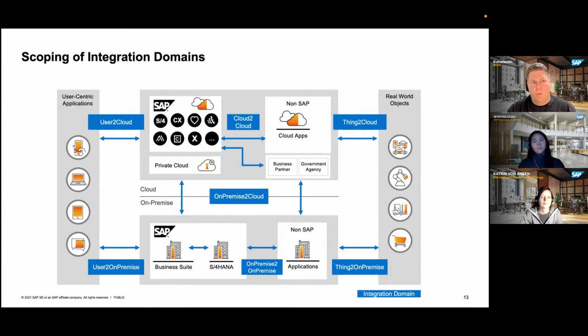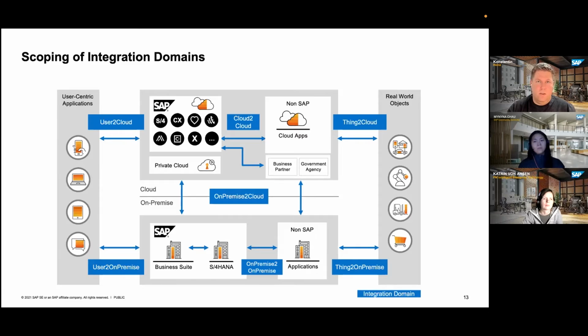Now, if you take this commerce webshop, for example, you would assess the scenarios used in your company. In case of a webshop, of course, you would scope here the user-centric applications. And then depending on whether this webshop is integrated with a cloud system or an on-premise system, you would either scope the user-to-cloud domain or the user-to-on-premise domain.